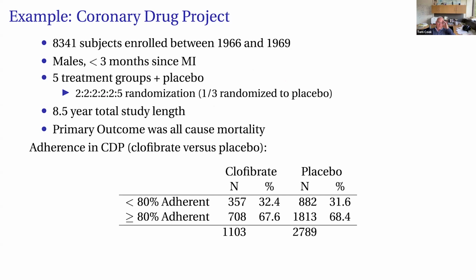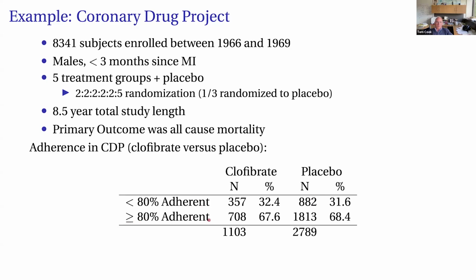So Paul Meier, who was at the NIH at the time and was a statistician involved in this trial, did some analysis after the fact in which he looked at adherence to clofibrate, which was one of the 5 active arms, noted that some people were less than 80% adherent, meaning they took less than 80% of what they were assigned. It was about a third in each group.